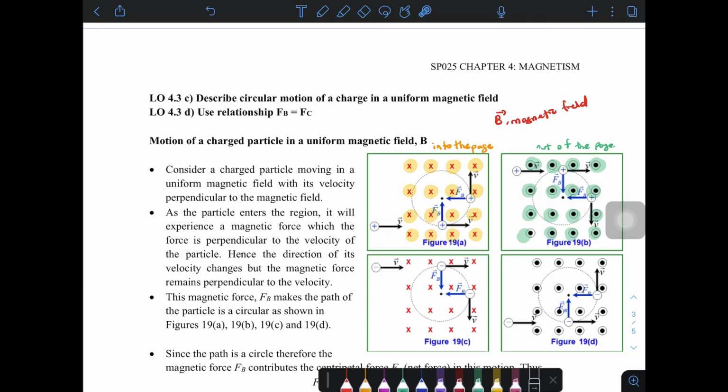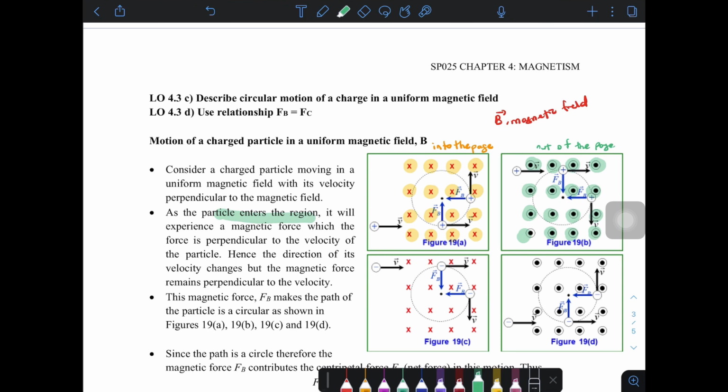Dan bila this charge enter the uniform magnetic field, apakah maksud uniform? Sekata. So kalau kamu tengok cross ini dia sekata, that's why kita panggil dia uniform magnetic field. Ini pun dia sekata.